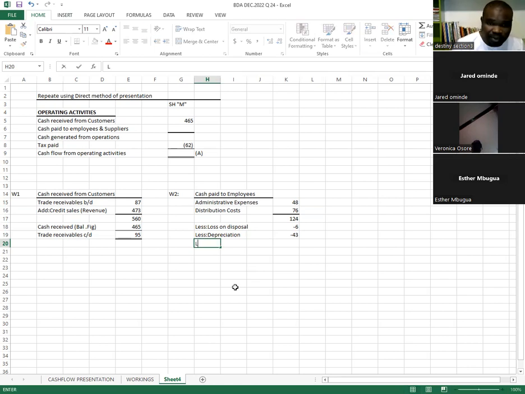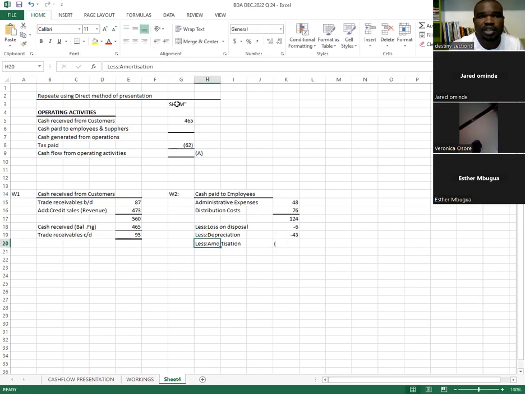Also, there was impairment or amortization. So amortization, how much was it? I can't recall. It was 10. Which we got by checking the intangible assets.